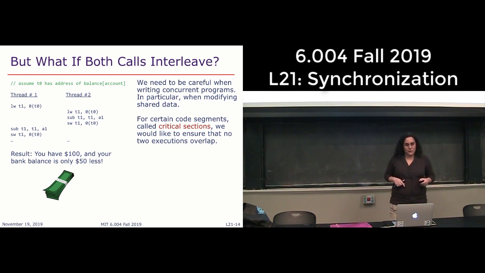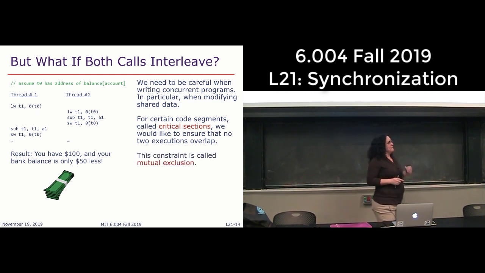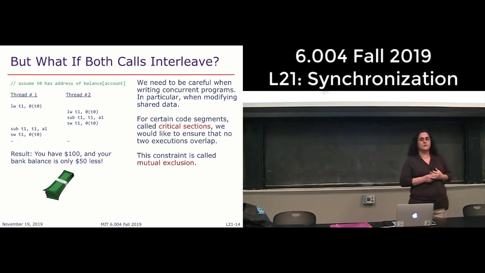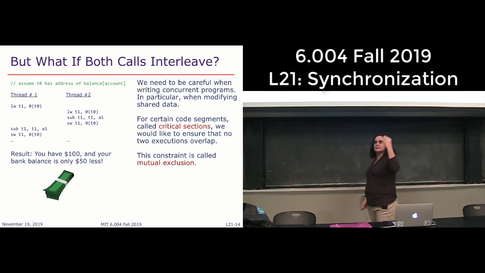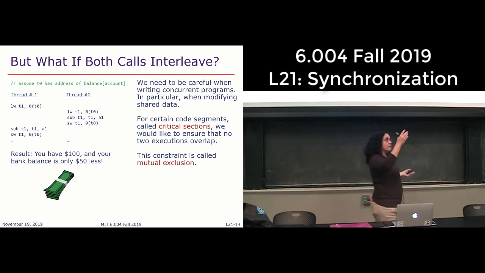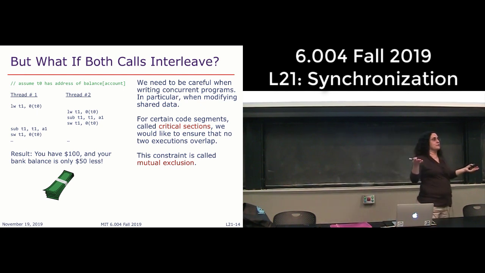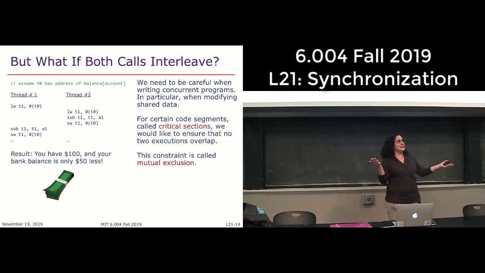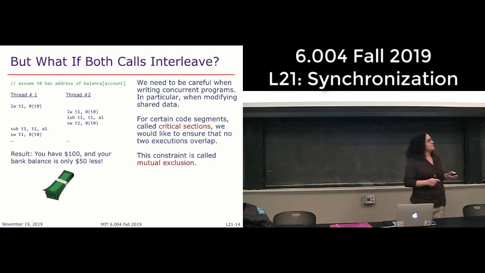To do that, I have to add a new constraint, which we call a mutual exclusion constraint. Either thread 1 can be accessing this critical region, or thread 2 can be accessing it. I don't care which one accesses it first, but they can't both access it at the same time.